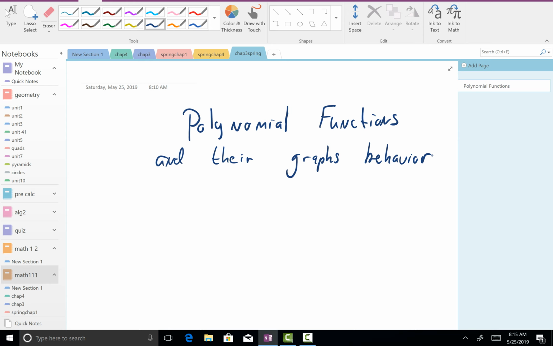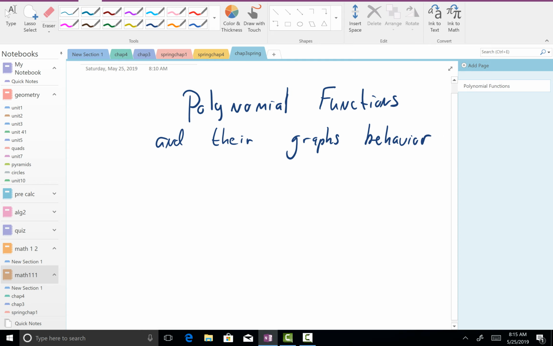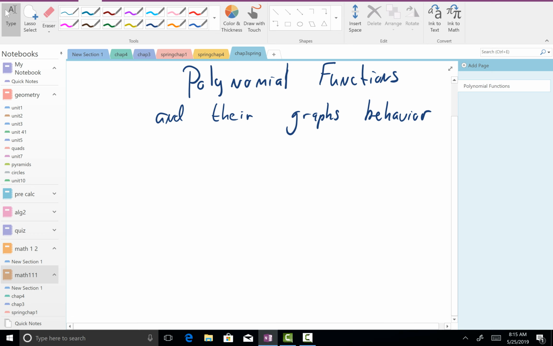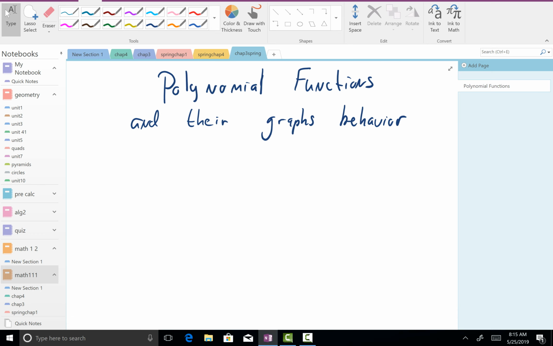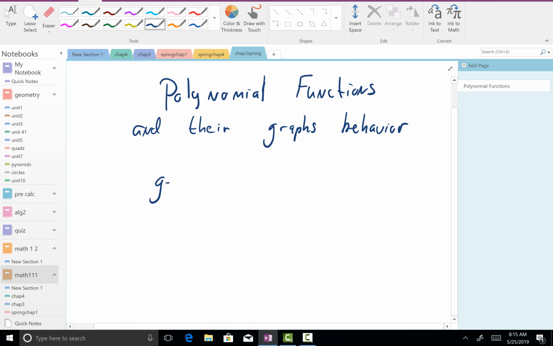So, first of all, there's a couple different forms for polynomial functions. There's what we call a general form, which would be something like this.